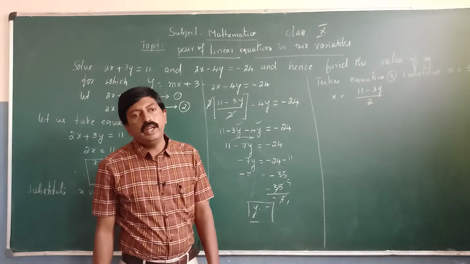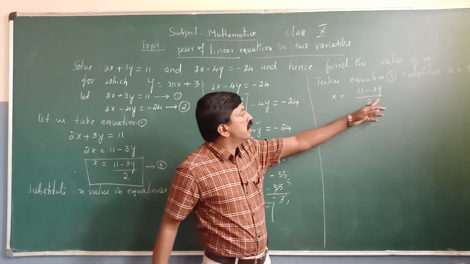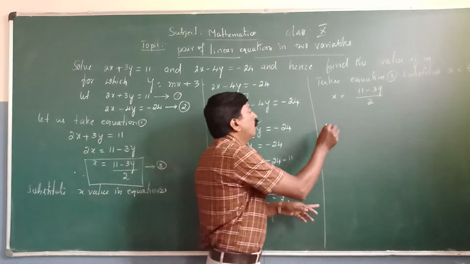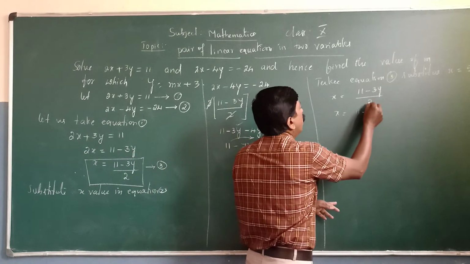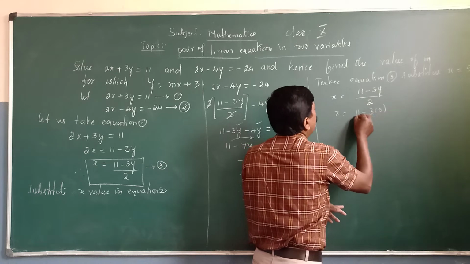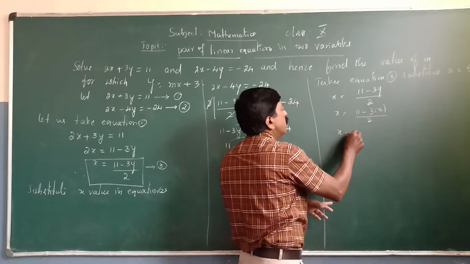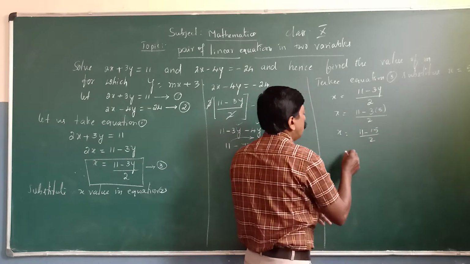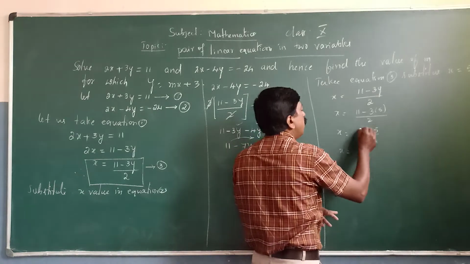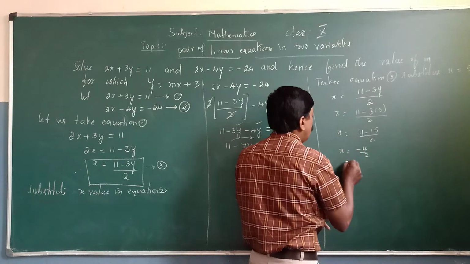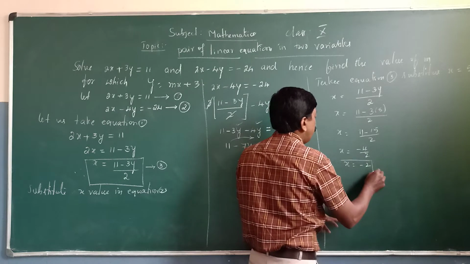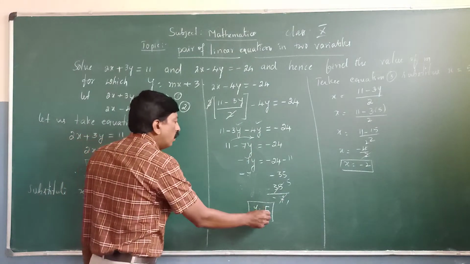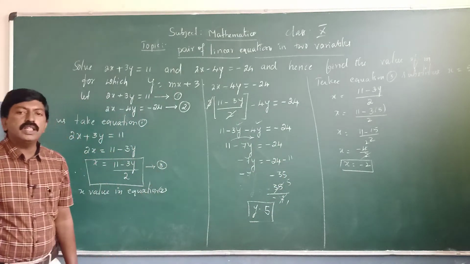We calculated y as 5. Therefore, x is equal to 11 minus 3 times 5 divided by 2. So x is equal to 11 minus 15 divided by 2. So x is equal to minus 4 by 2, so x is equal to minus 2. Now we got the x value as minus 2 and the y value as 5.